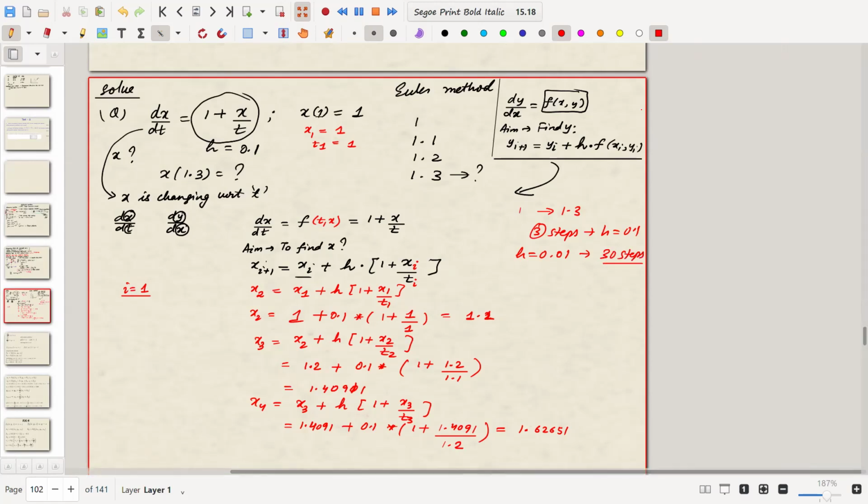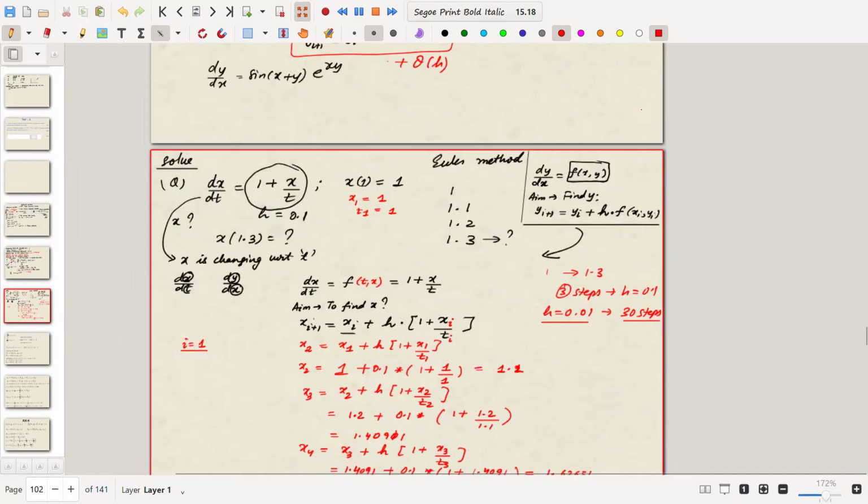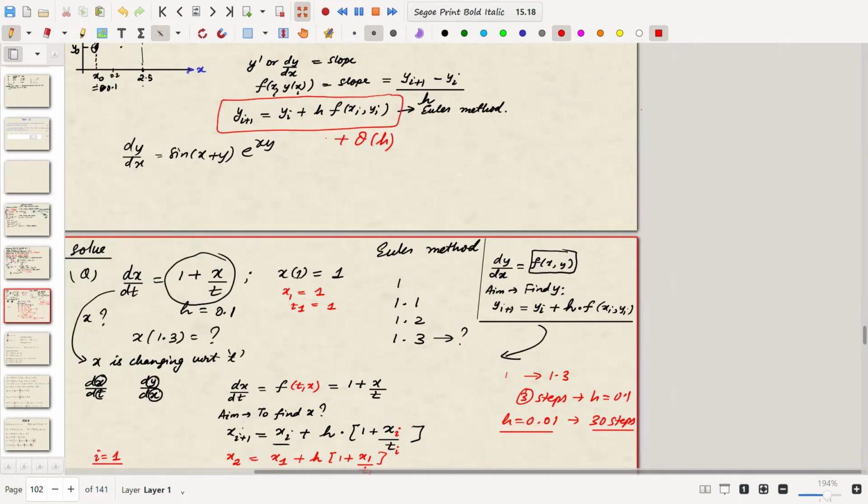So your calculation time will increase, but yes, you will get a more accurate solution. These 30 steps you cannot do manually, so you write a program using a for loop that continuously updates the iterative value and gives you the solution. So if you take h equal to 0.01, your error will be less because your error is order of h. So h is small, error is small.